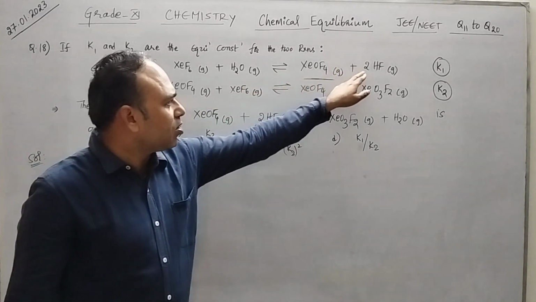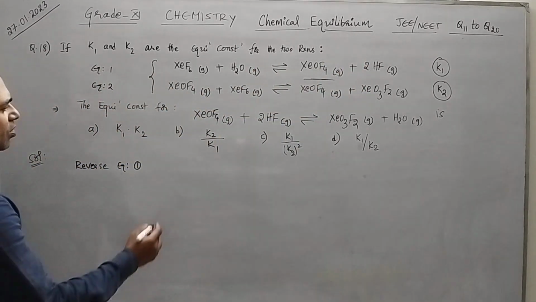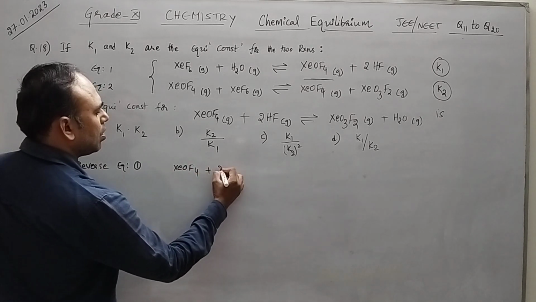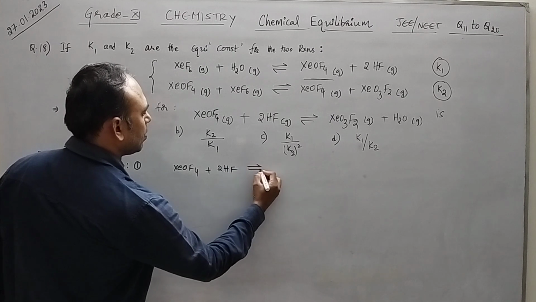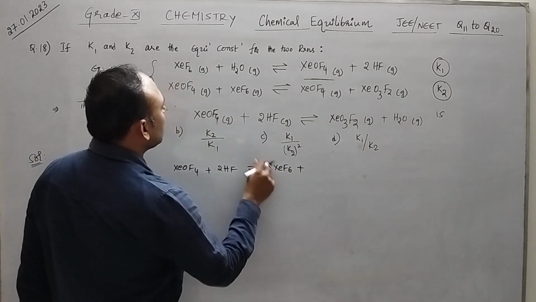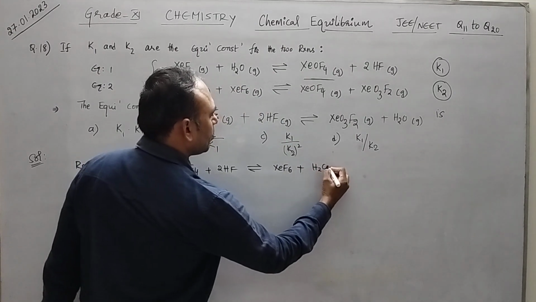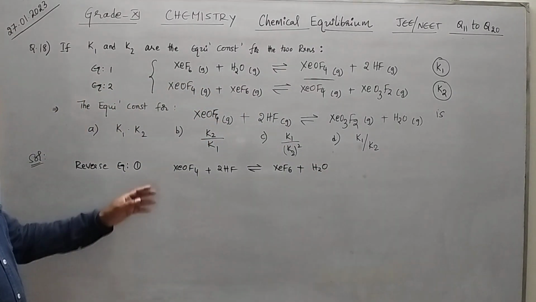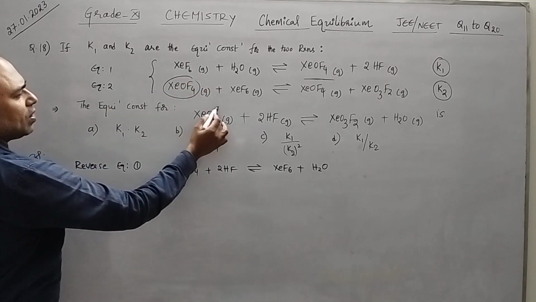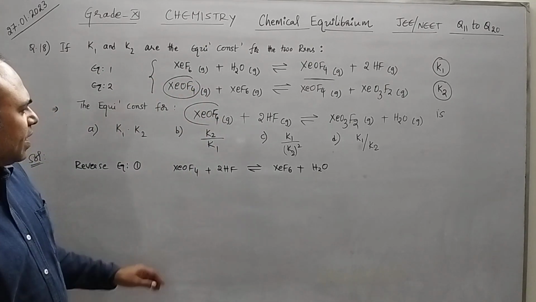Hope you are able to understand this. Here they are on the product side, so reverse that. What you get? You get XeOF4 plus 2HF gives us XeF6 plus H2O. I am not mentioning gas to save time. Let us move to the next one. So here you can observe very simple, XeOF4 and XeOF4 here, right?